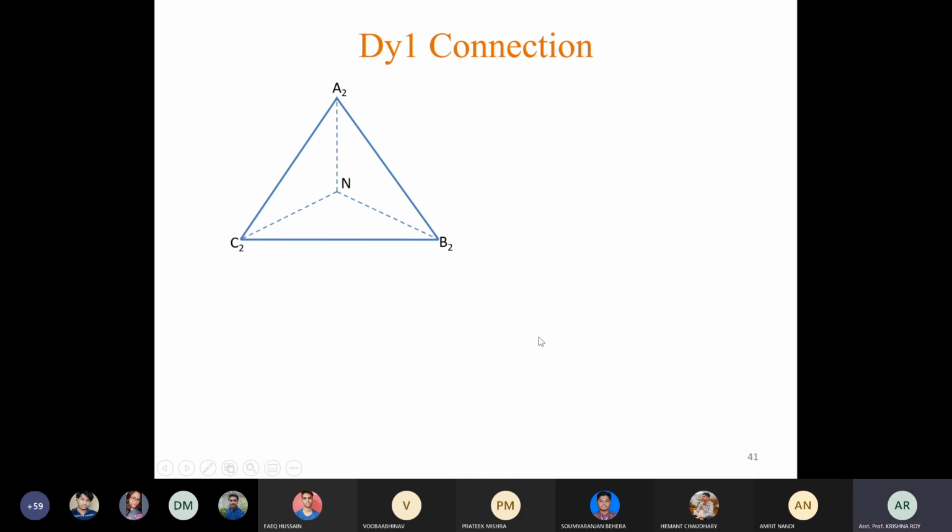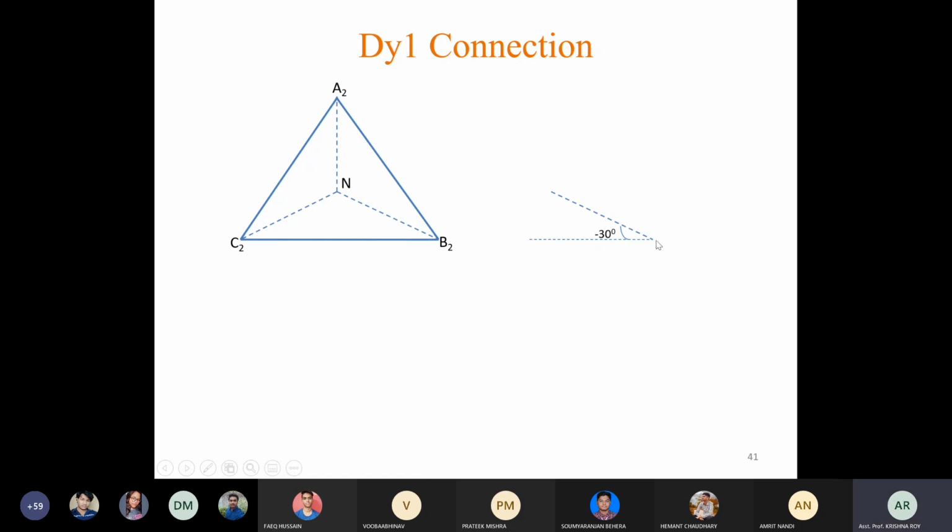So let us consider this as our primary side terminals A2, B2, C2. The phases are yet to be identified. Now before that, let us draw the reference line, and with this reference line the 30 degree phase lag will be like this.